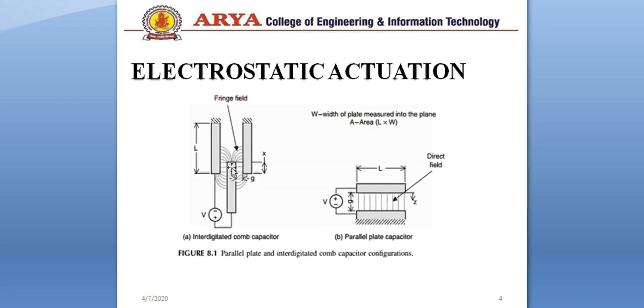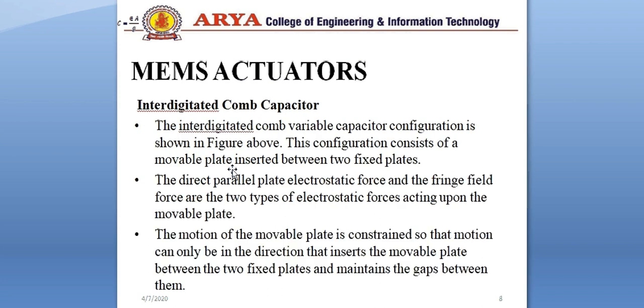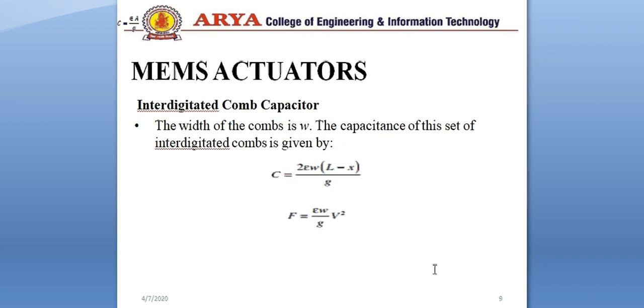So this plate will be moved from upward to the downward direction. The motion can only be in the direction that inserts the movable plate between two fixed plates and maintains the gap between them. So to maintain the gap, only upward to downward direction is there. So the plate will be moved upward to downward.